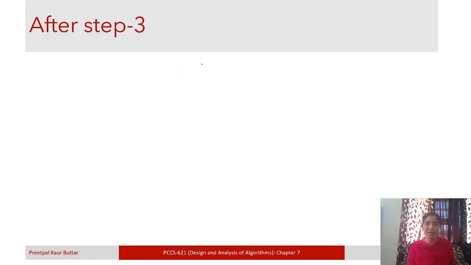Now let us look at the scenario. In step 3 we explored two nodes B and D, right? And the cost of B was found to be infinity and the cost of D was found to be 25. So it means we will leave this node and we will explore this node. From this node, what are the options left which we can explore?